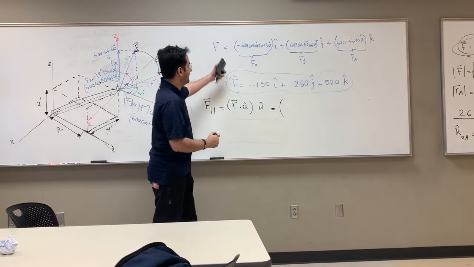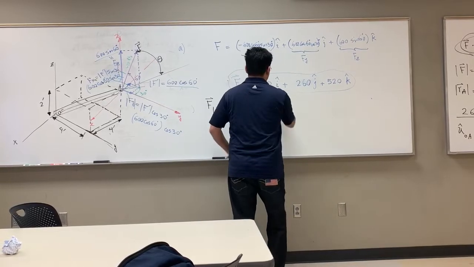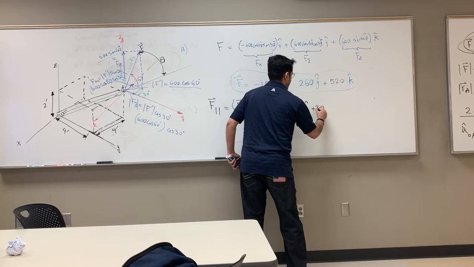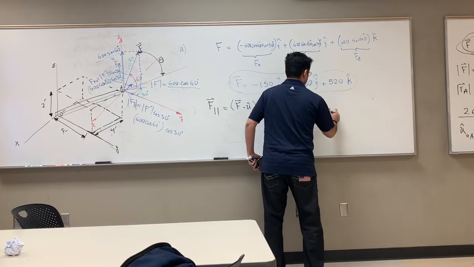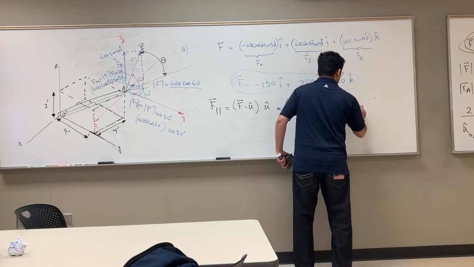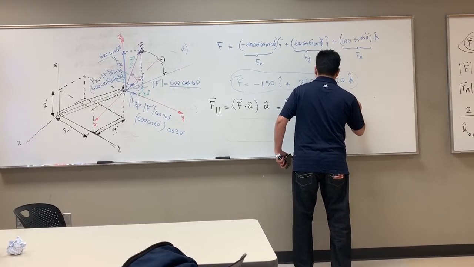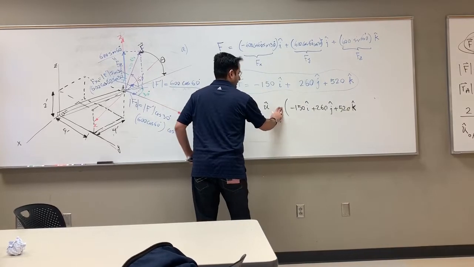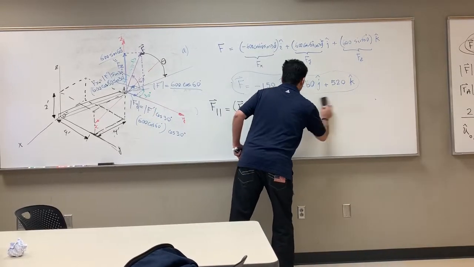So which one is F? F is 150i plus 260j plus 520k.